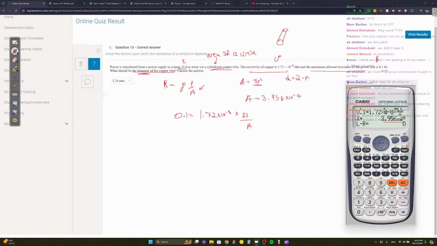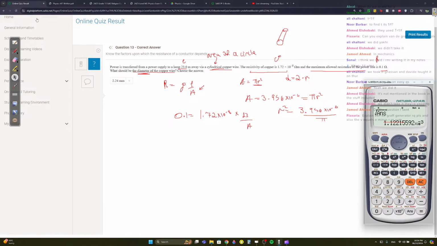Can I find the radius now? We know that this area is equal to pi r squared. How do I find the radius? Radius squared is 3.956 times 10 to the negative 6 divided by pi. Okay, let's divide our answer by pi. You're going to get this. Okay, and with squared, so we're going to square root it. So we found our radius, and we know the diameter is equal to 2 times the radius.